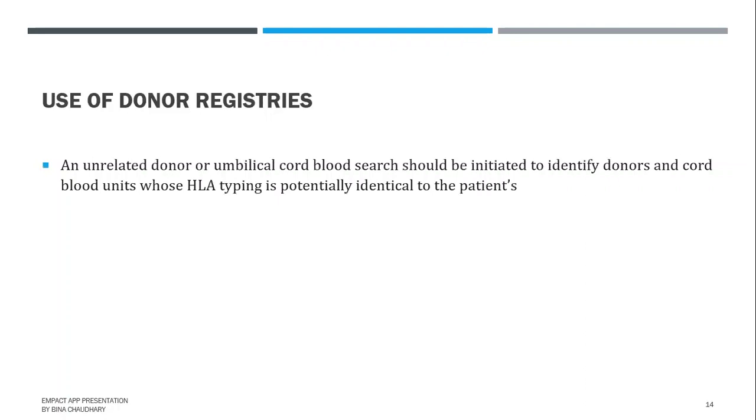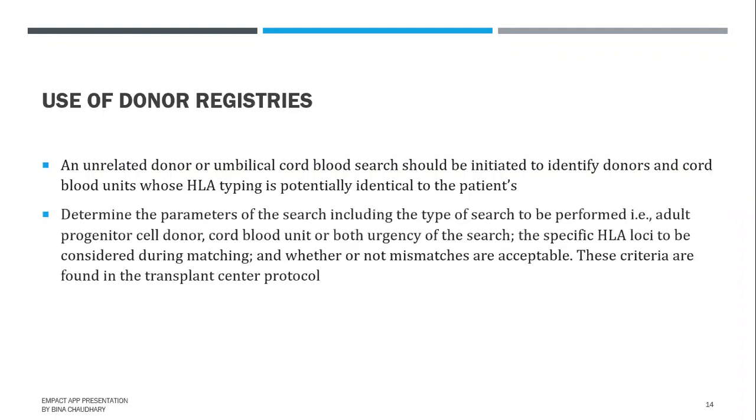An unrelated donor or umbilical cord blood search should be initiated to identify a donor and cord blood unit whose HLA type is potentially identical to the patient's. They will determine the parameters of the search, including the type of search to be performed: adult progenitor cell donor, cord blood unit, or both; the urgency of the search; the specific HLA loci to be considered during matching; and whether or not mismatches are acceptable.